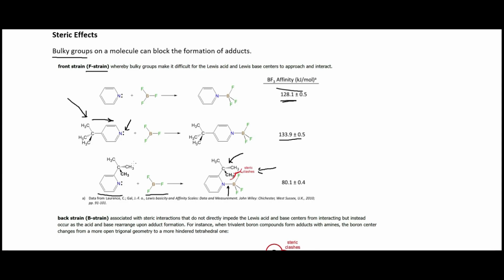If you were just thinking about induction, and if you've taken organic chemistry, you know it's important that it be on this carbon instead of that carbon, but I won't get into that here. You would think just through inductive arguments that this would make it even more basic than this, but in fact it gets less basic, and that's because of this steric clash here.